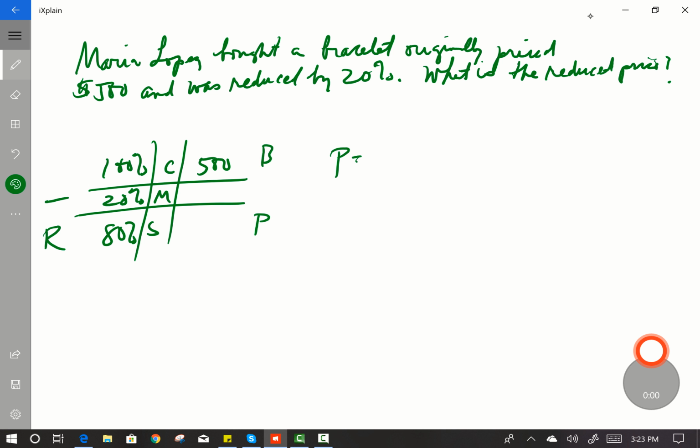So part is equal to base times rate. And so that's 500 times 0.8. That equals $400. Okay, so originally $500, and I marked it down 20% and sold it for $400.